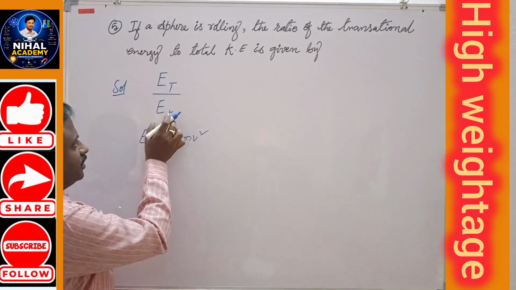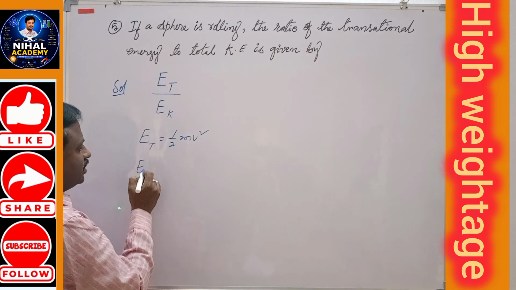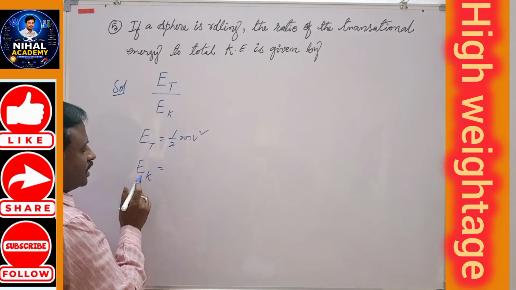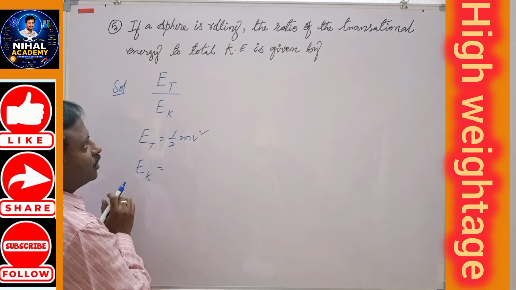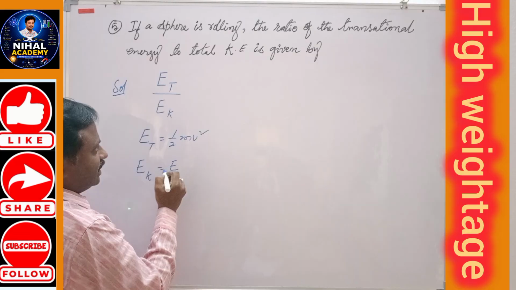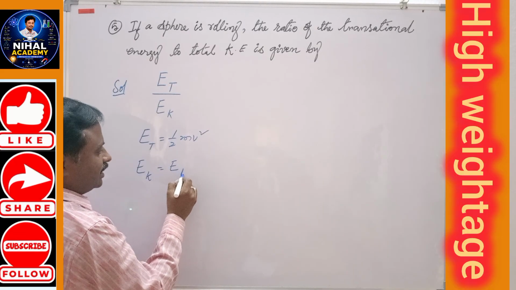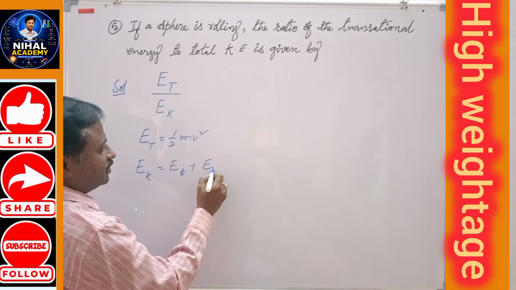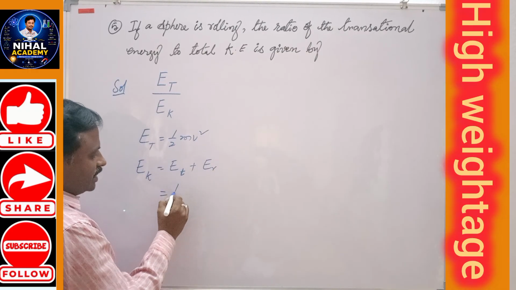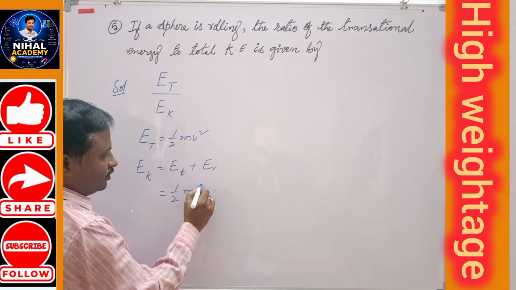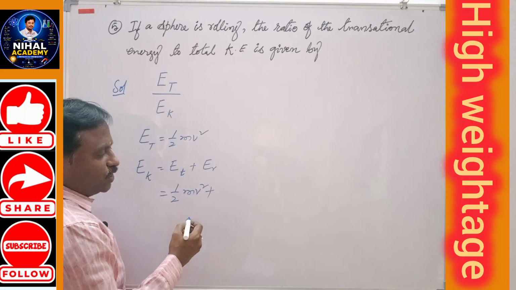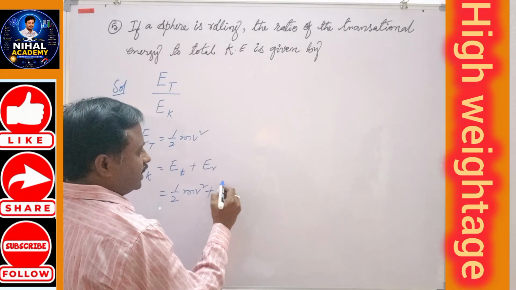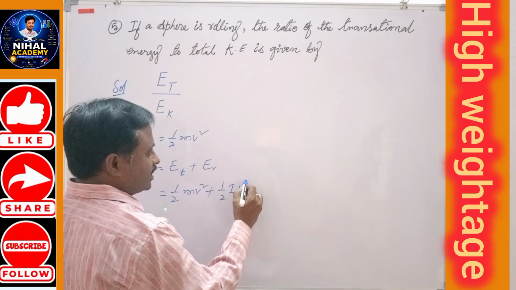Now EK we have to calculate. EK, the total energy, is equal to translational energy ET plus rotational energy ER. ET is equal to half m v square plus rotational energy, which is half I omega square.